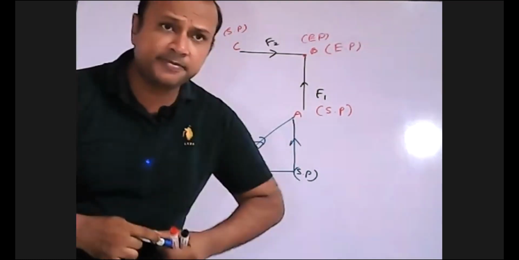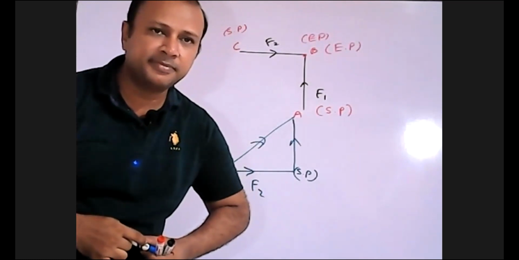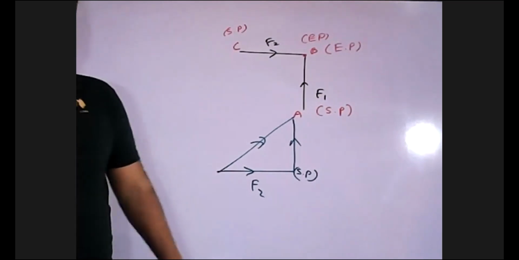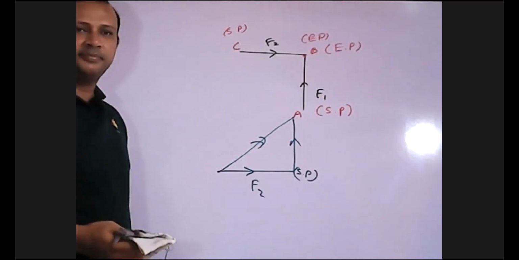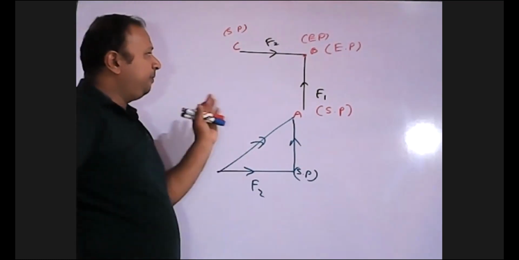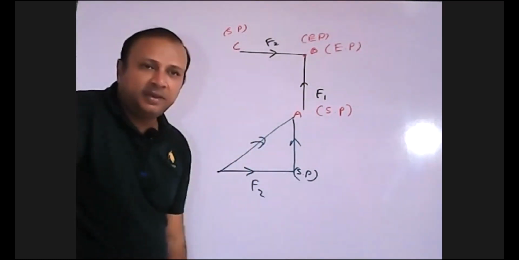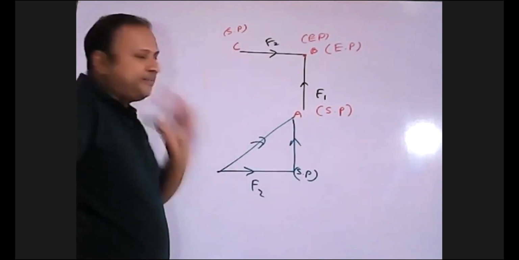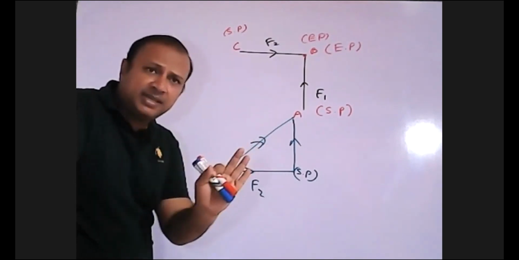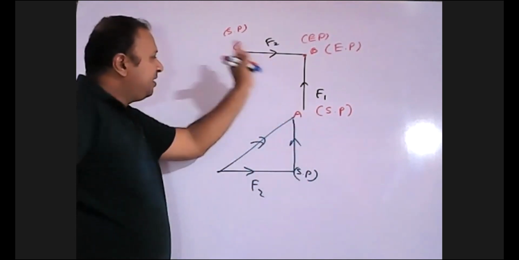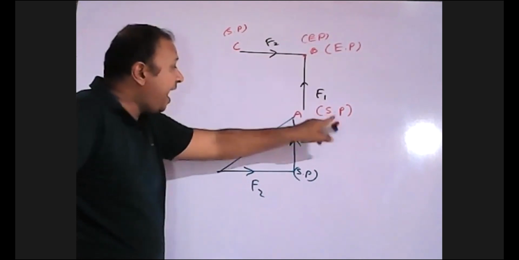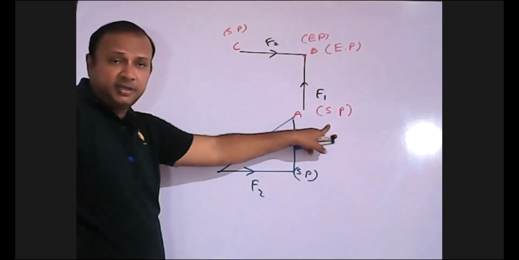Did you get my point? If you did not get the shifting case, then go for the basic. What is the basic? If you want to add two vectors, you have to coincide the end point of the first vector and the starting point of the second vector.